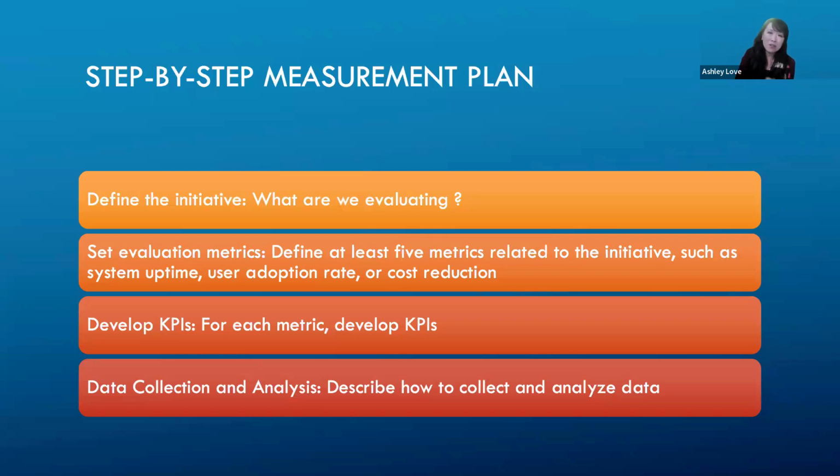You don't want to reinvent the wheel. If they're already collecting the data, and if you could create a composite number, much, much better. So meaning the school already collects absentee data, and maybe that's a key indicator of something that you decide to measure. So you want to describe in detail how you're going to collect and analyze the data, including the existing data. You want to keep the burden as low as possible.